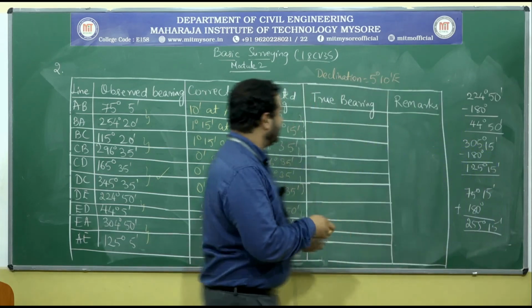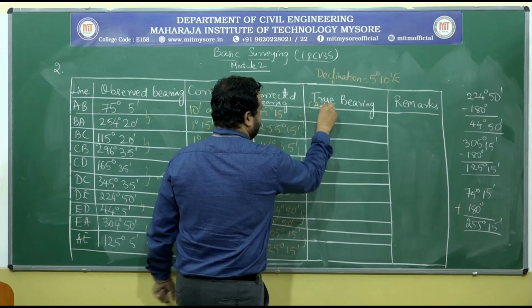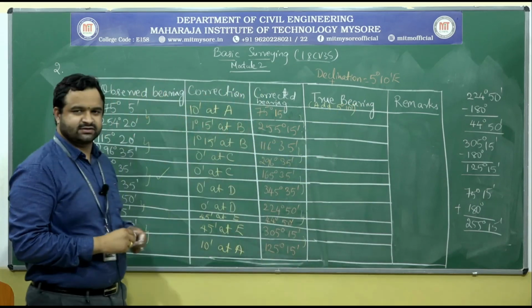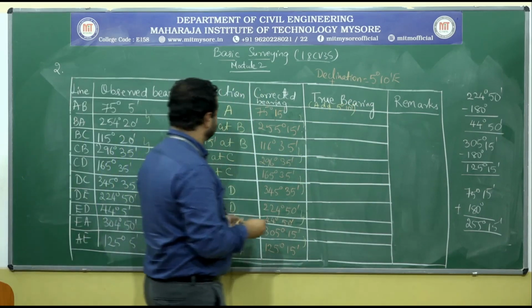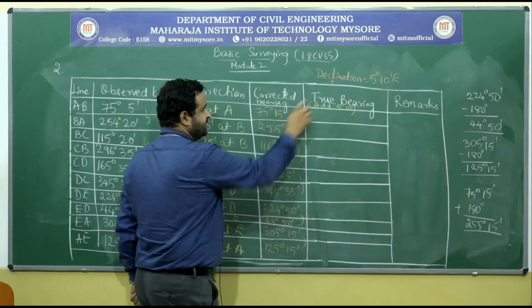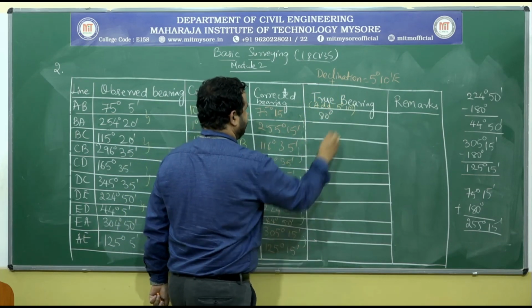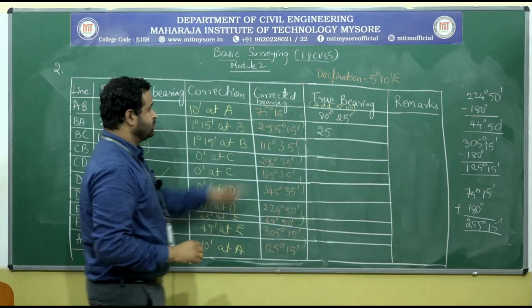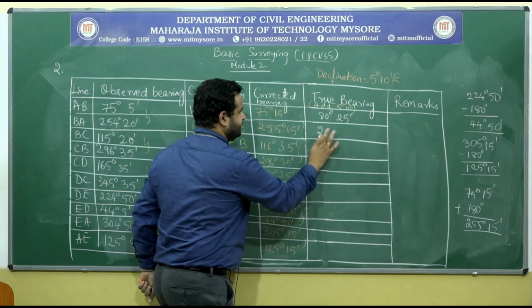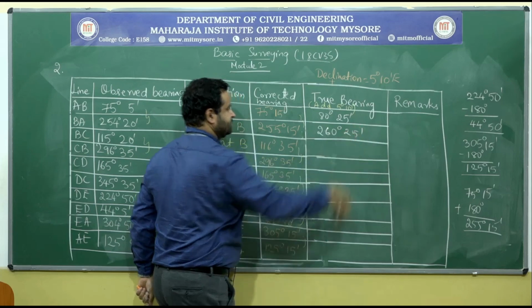So add 5 degrees 10 minutes to the previous bearings. 75 degrees 15 minutes plus 5 degrees 10 minutes is 80 degrees 25 minutes. 255 degrees 15 minutes plus 5 degrees 10 minutes will give you 260 degrees 25 minutes.